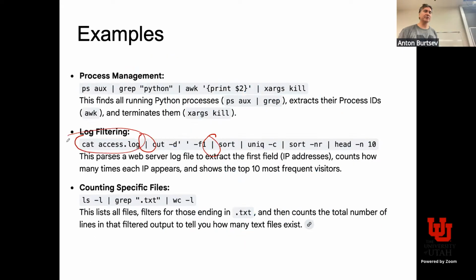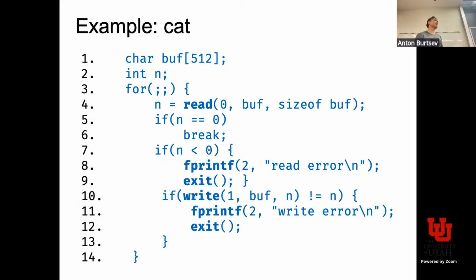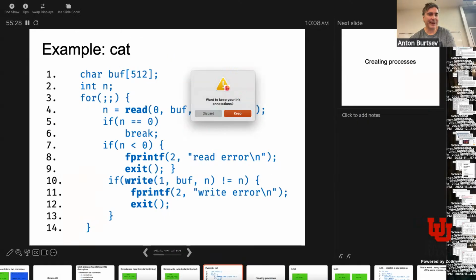What cat does inside, which is kind of beautiful, is that it reads from the standard input and writes to the standard output. But those can point to different places, so it doesn't have to point to something specific.